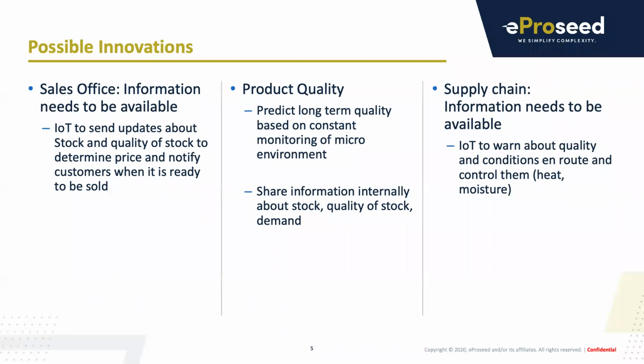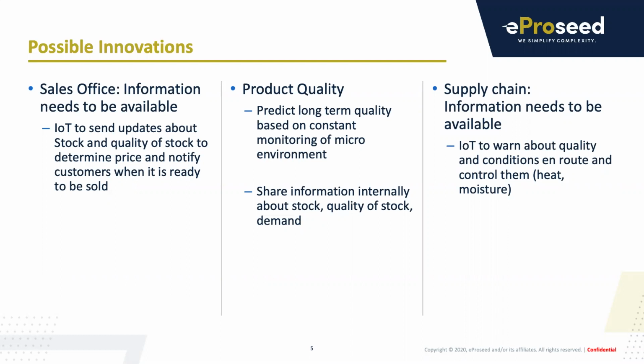So sales office, product quality, based on monitoring of the microenvironment, we could predict long-term quality. And also you can share information about stock in general, quality of the stock, demand of stock, anything.